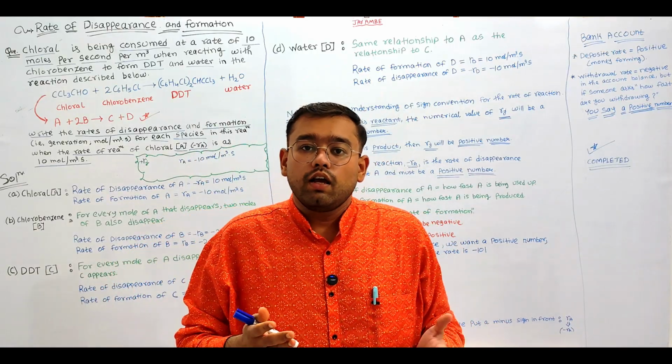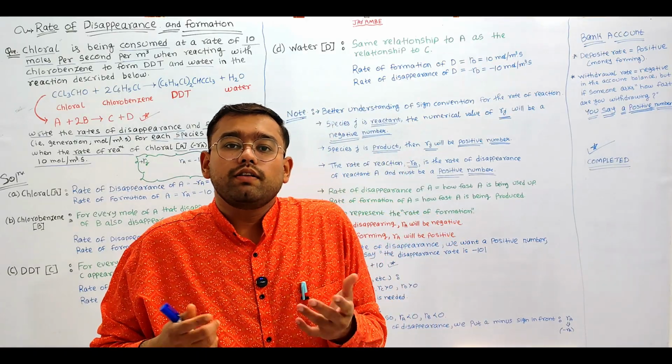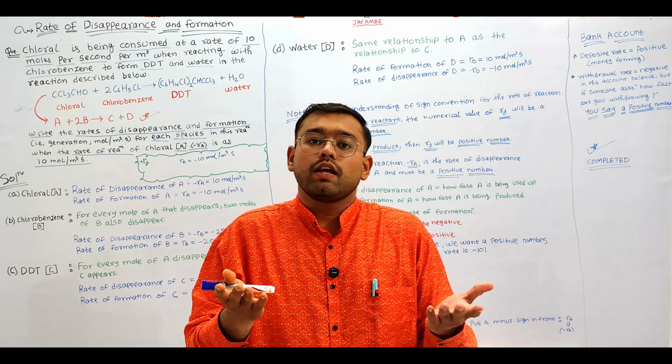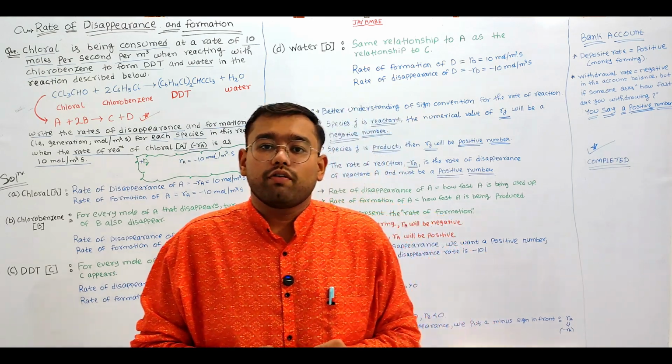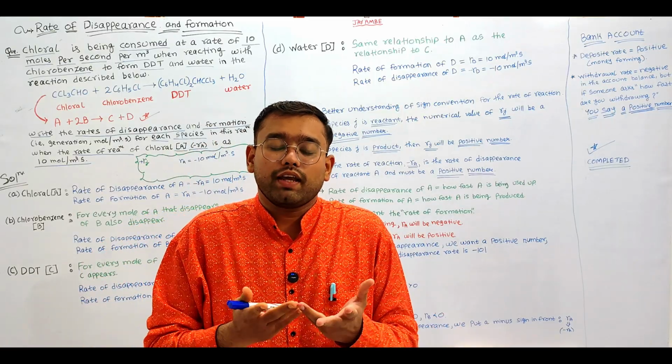If someone asks how much money you are withdrawing from your account, what will we say? We'll say 1 lakh rupees, right? We will never say minus 1 lakh rupees we are withdrawing from our bank account, which doesn't make any sense, right?